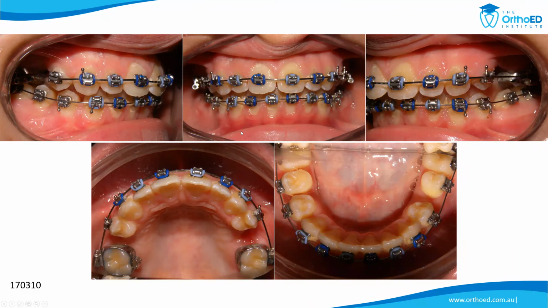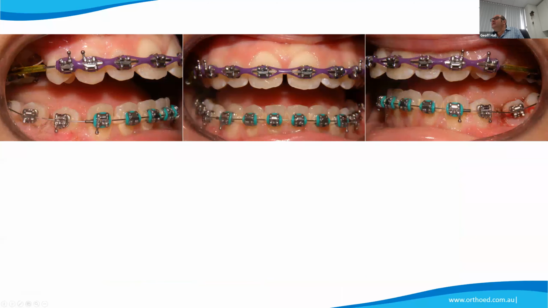From a clinical perspective, I think we either have to start to look at cone beams more often, or we have to go by our clinical judgment. Okay. So it's interesting. I did re-bracket that lower left 5. I did re-bracket that lower left 5. I've got power chain.